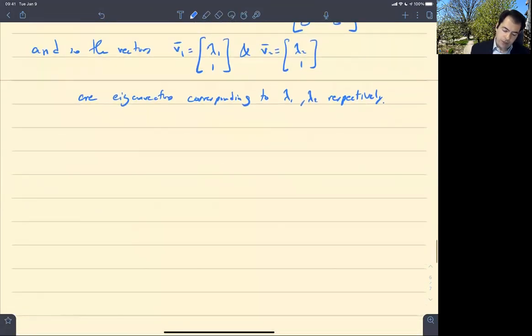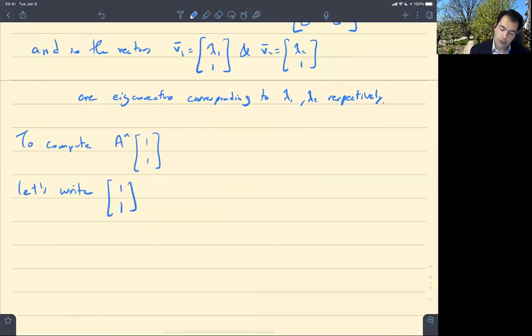All right, so now I want to compute A to the n applied to the vector (1, 1). So let's write (1, 1) as a linear combination of eigenvectors.